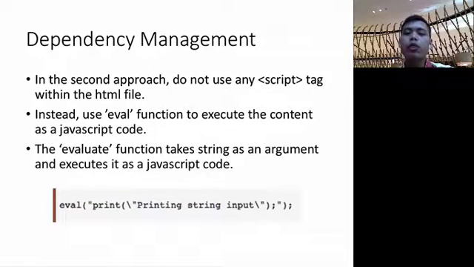In the second approach, we do not use any script tag within the HTML file. Instead, we use the eval or evaluate function to execute the content as JavaScript code. The evaluate function takes a string as an argument and executes it as JavaScript code. So here you can see an example of using the eval function as stipulated below.